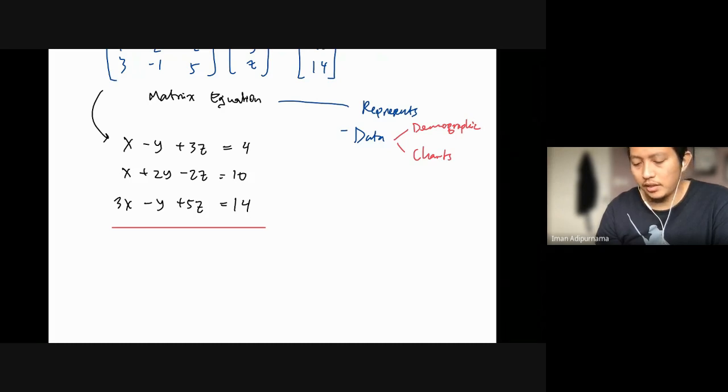Demographic can be like the general population, defining the genders, and we can define those proportions in matrices, like how many female, male. We can define which variables, like in a linear equation, and then assign those linear equations into a matrix form. That's one of the applications.